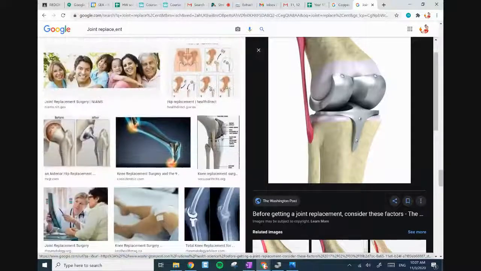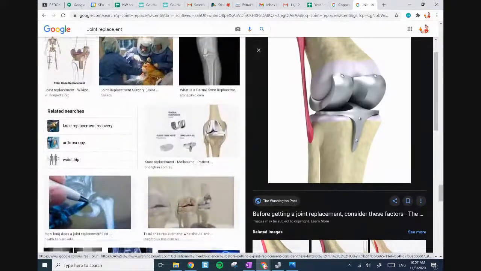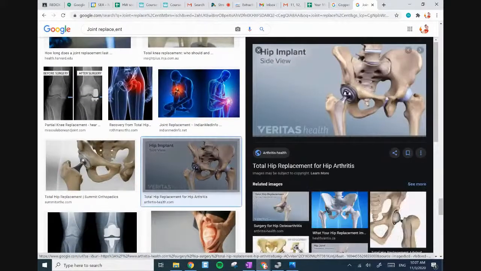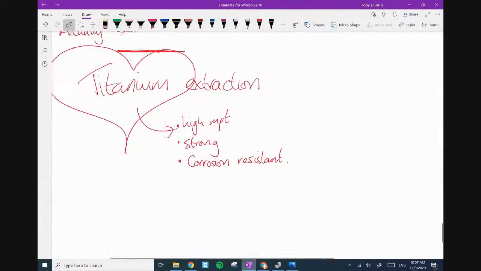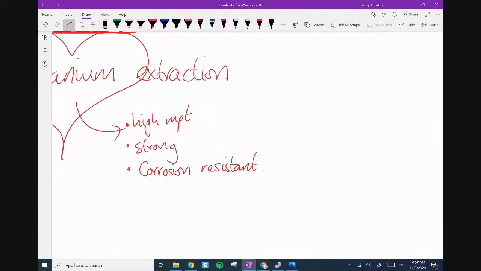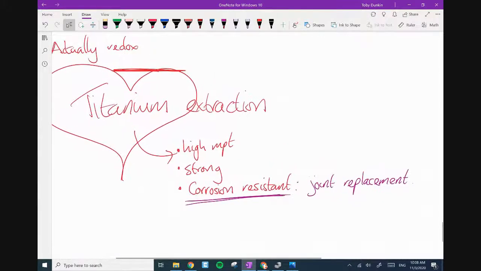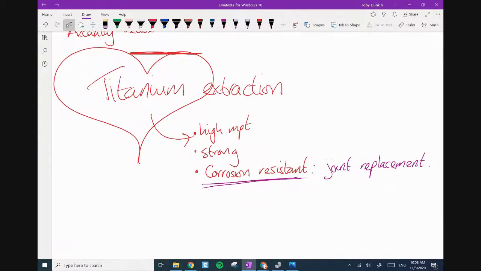But whenever they replace any bones or joints, the only material they ever put inside people is titanium. And they do this because titanium doesn't rust. This is the top property of titanium, used in joint replacements. Because what you don't want is to put a piece of metal inside somebody and then have it rust. That's a really bad idea.